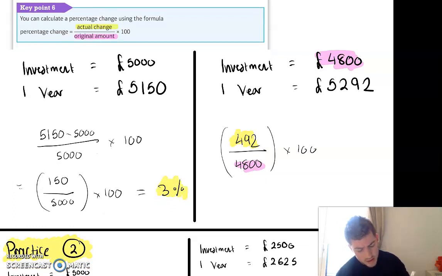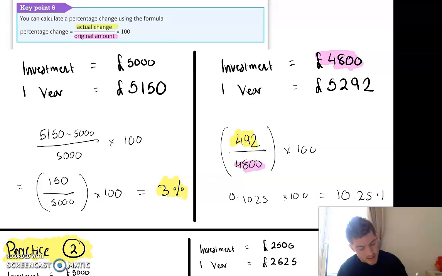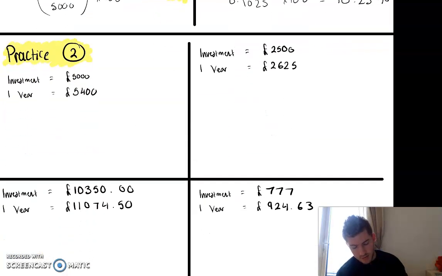Times that by 100, and that's going to give you a calculation of, right, let's have a look at this one. So 5,292 minus 4,800, divided by 4,800, you get 0.1025 times 100, and that's going to equal an increase of 10.25%.